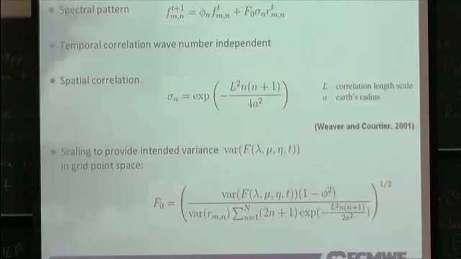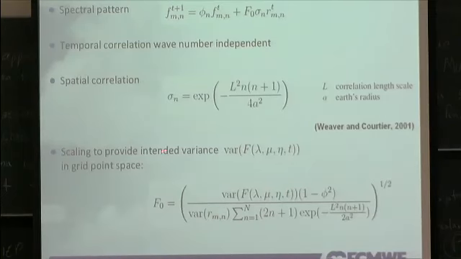Well, and in spectral space, the variance is this, but just for information. So for the revised parametrization tendency perturbations, we use a constant temporal correlation, which is not wave number dependent. So it's 6 hours for all scales. And then the spatial correlation is given by a Gaussian in total wave number, which has this L parameter in it, which can be regarded as a decorrelation length on the sphere.